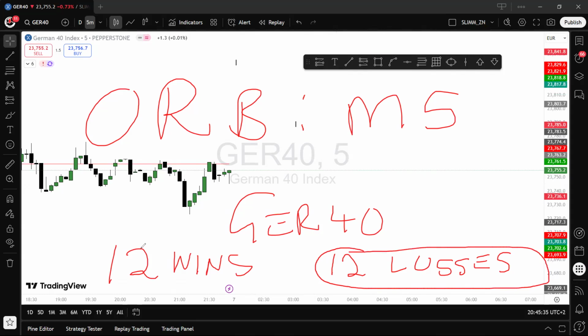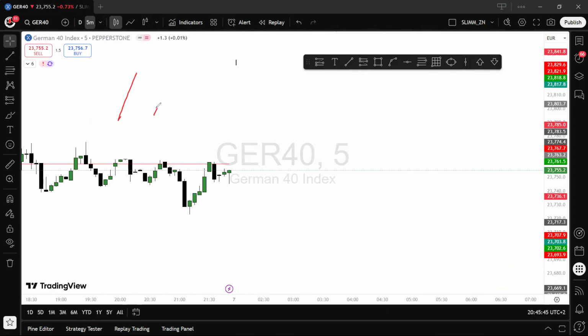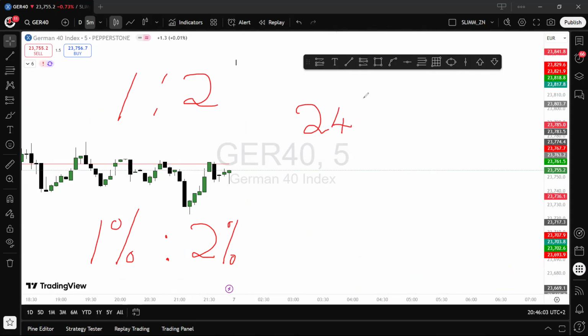But using the information which we got, let's say we got 12 wins and 11 losses. If you're using a risk to reward of 1:2, which is the one we were using, and we are trading a prop firm account, which means we are risking 1% to make 2%, what would have been your results? If we had won 12 times 2, that's 24% in wins.